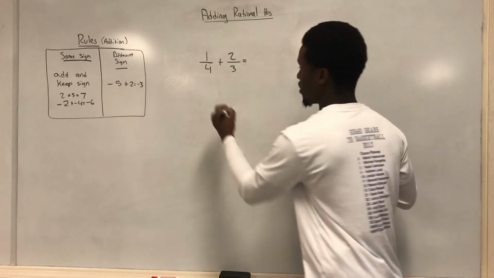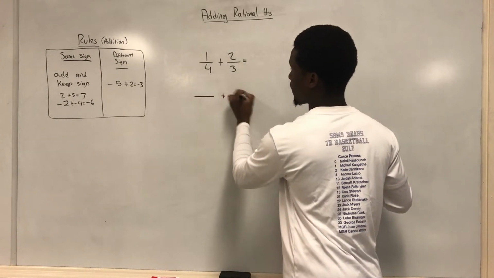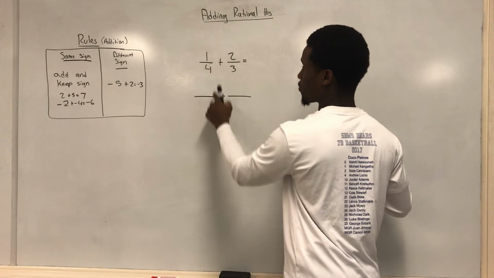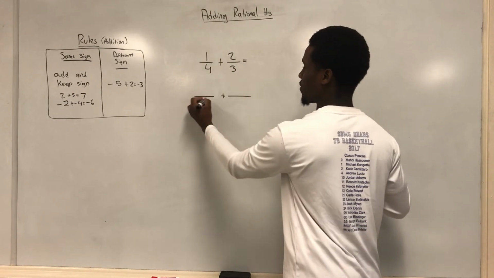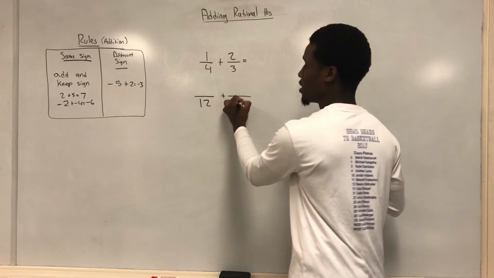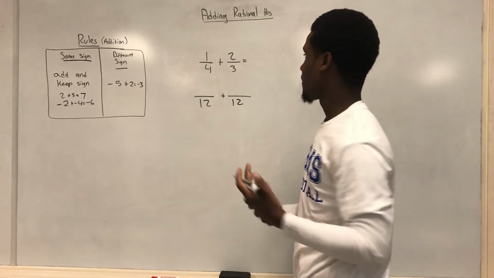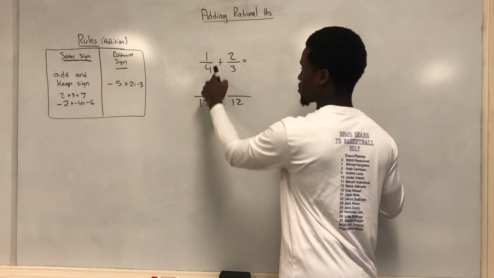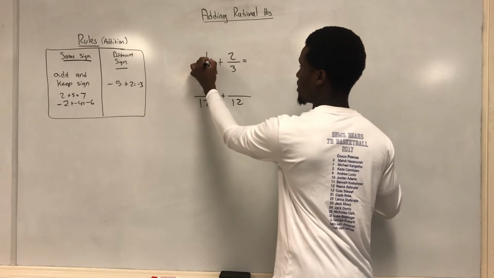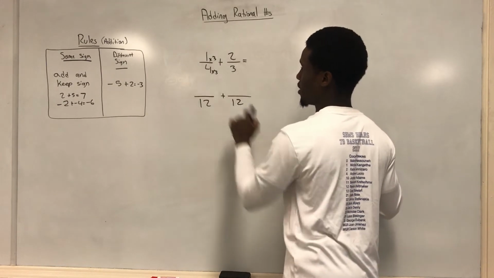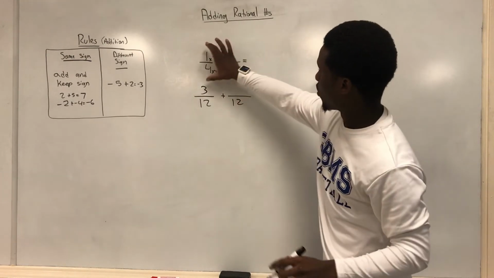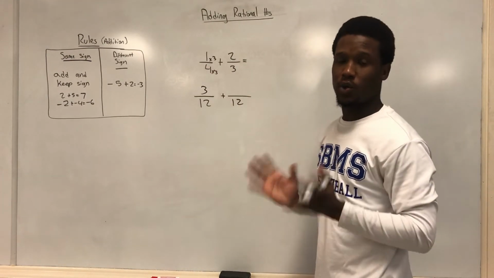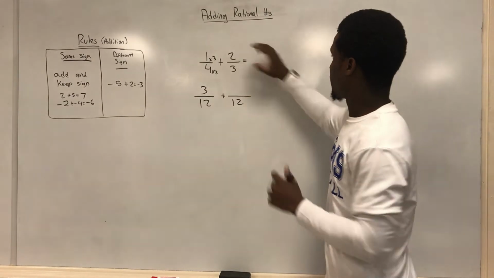So, I know that 4 could go into 12 and 3 could go into 12. 4 times 3 is 12. So, I'm going to rewrite this, but with denominators of 12. To get from 4 to 12, I had to multiply by 3, so I multiply the numerator by 3. 1 times 3 is equal to 3. So 1/4 and 3/12 are equivalent. They are the same.